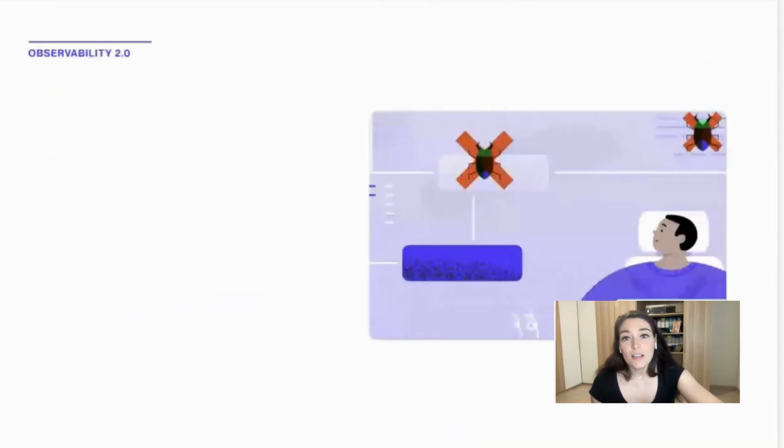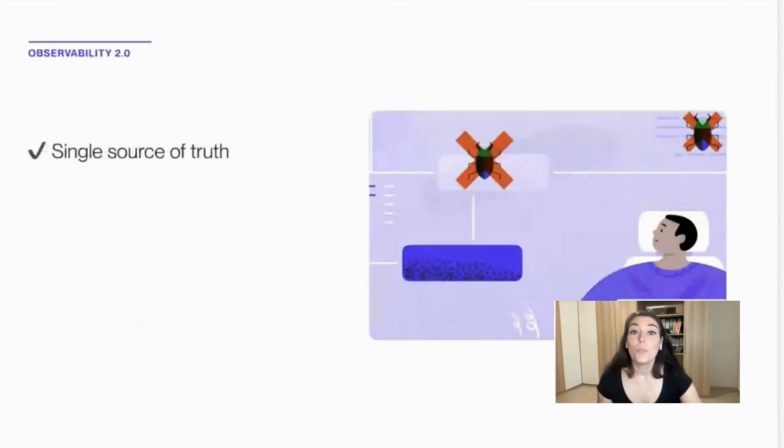Her main technical argument is that instead of relying on multiple pillars of observability, remember the slide about more than 3 pillars, well, we should unify data into a single source of truth, uniform both in format and storage. And any structured high cardinality event data stored in a single place can serve this purpose, though wide structural logs are particularly well suited for that.